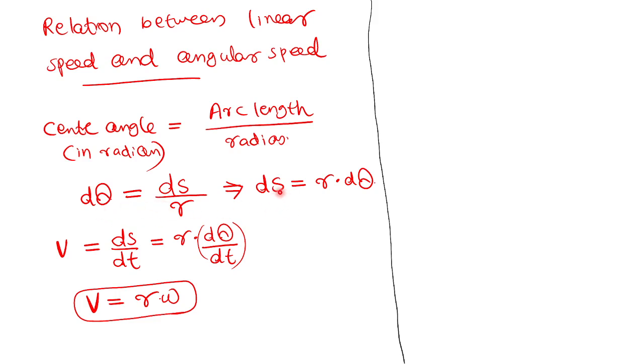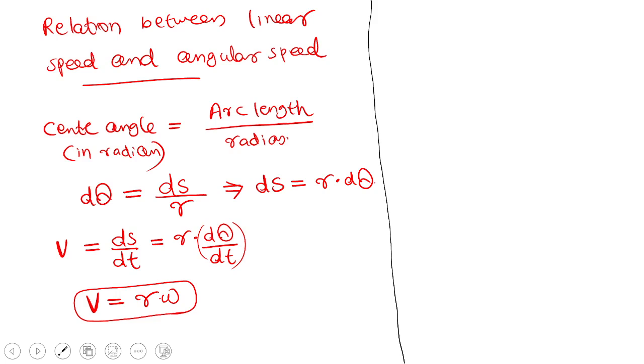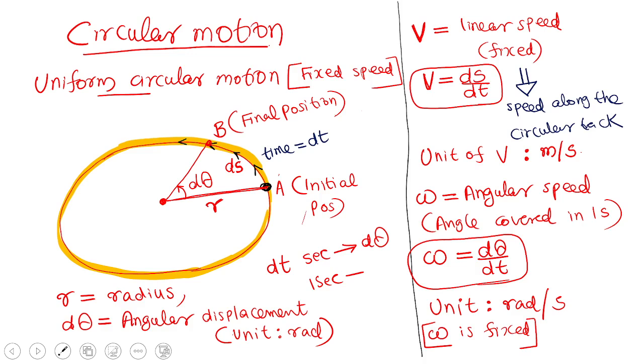ds is the arc length. Look at that diagram. Again and again I am telling you, ds is the arc length or distance I travelled. So the arc length equals r into d theta. v equals ds by dt I have already discussed.